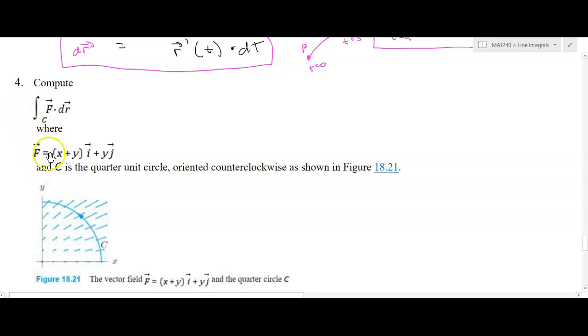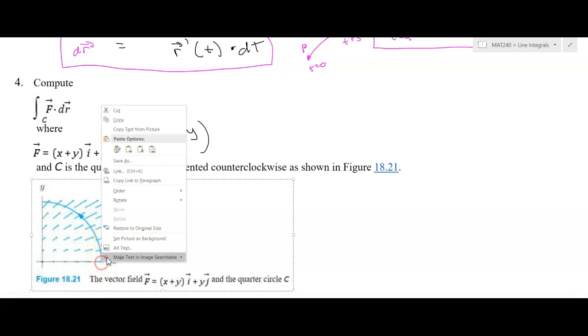So here we want to compute the amount of work done. We see that the vector field is (x plus y)i plus y j. So this is going to be x plus y, and y for the second component. So that's my vector field. And then this curve is the quarter unit circle oriented counterclockwise as shown.